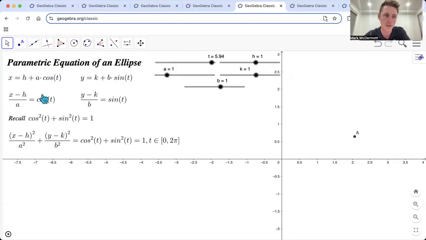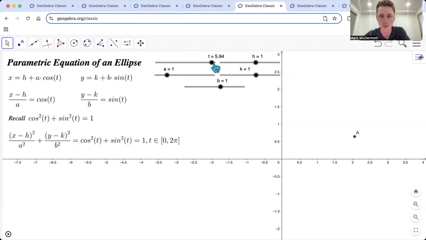So again, rearranging this parametrically defined equation for an ellipse into Cartesian coordinates, we're going to get something like this. And again, recalling the Pythagorean identity and subbing that in, we can see that we're going to get this, which hopefully you can recall is the definition of an ellipse in Cartesian coordinates.